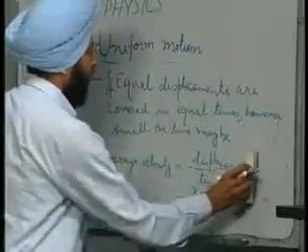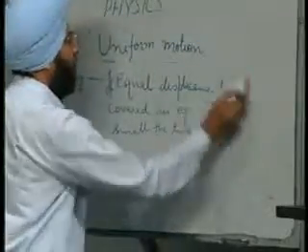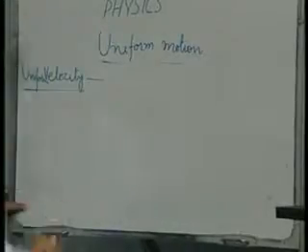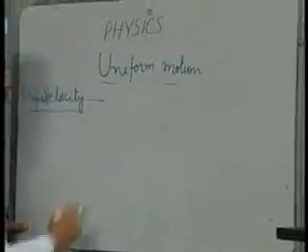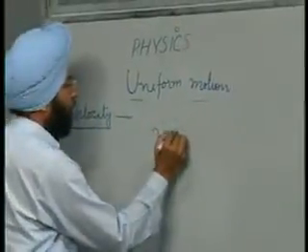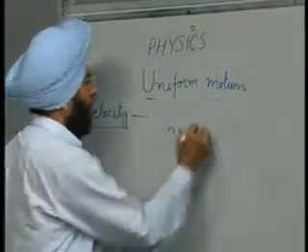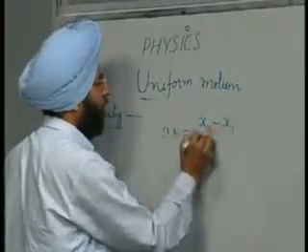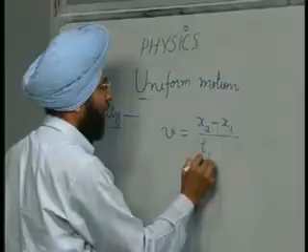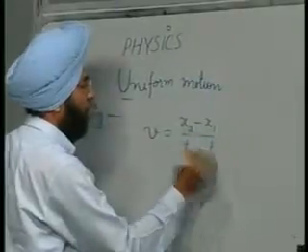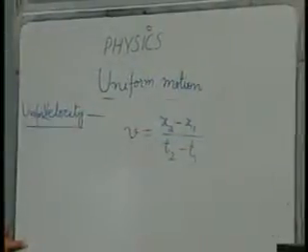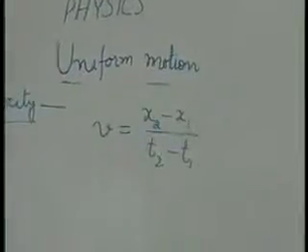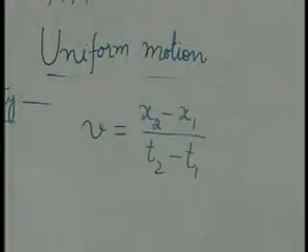Now, if the velocity is constant, v is constant and displacement is x 2 minus x 1 in time t 1 to t 2, we can write v is equal to x 2 minus x 1 divided by t 2 minus t 1.